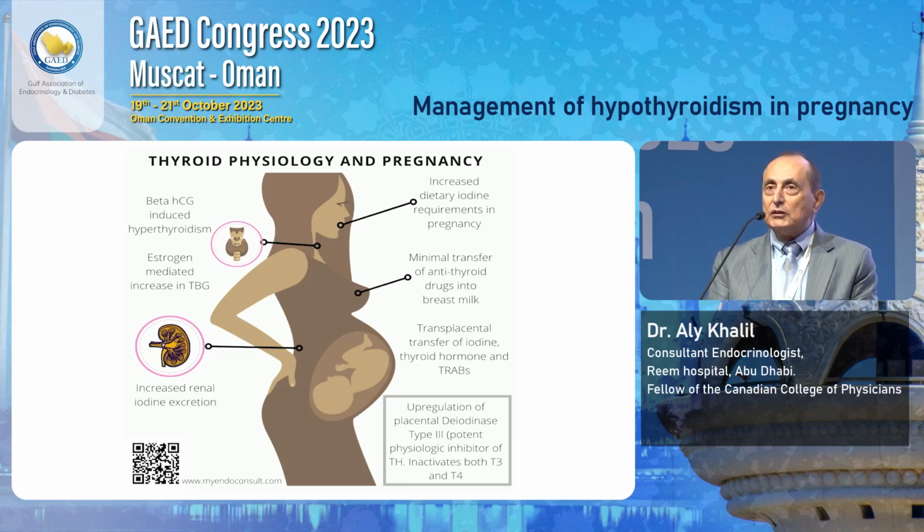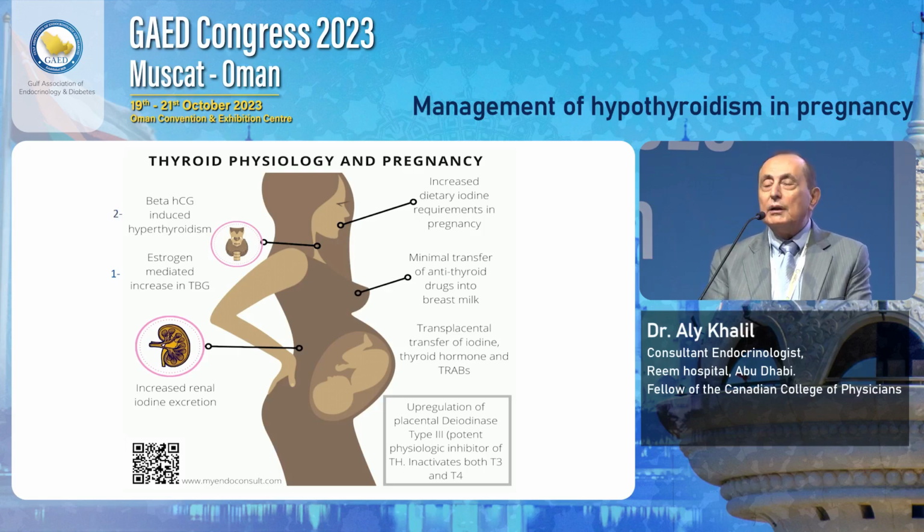Now, there are changes taking place during pregnancy which explain why TSH and free T4 change. The first one is that due to increased estrogen production, there is an increase in thyroid binding globulin, the globulin to which thyroid hormone binds. The consequence of the increase in TBG is an increase in bound thyroid hormone.